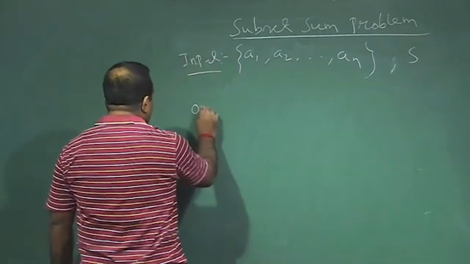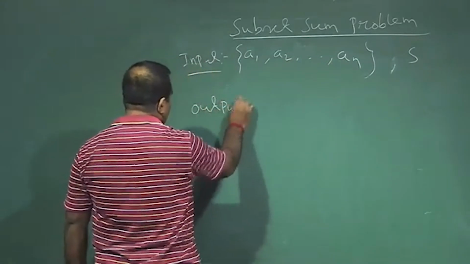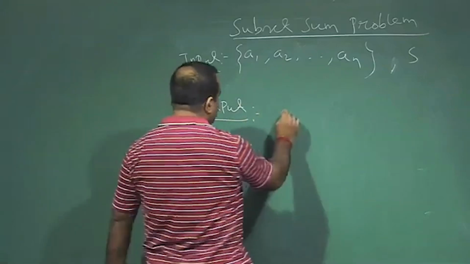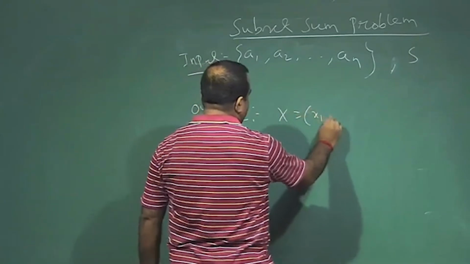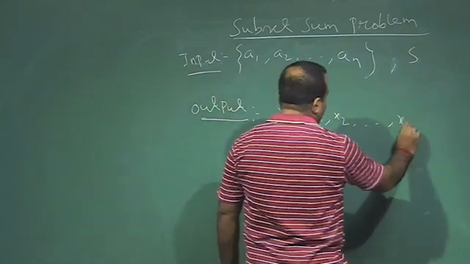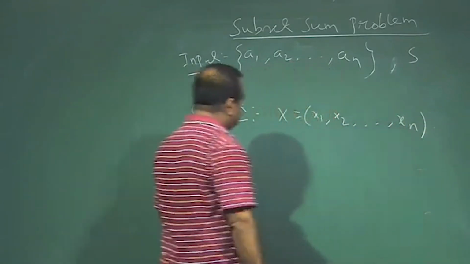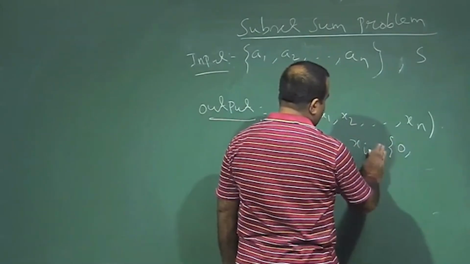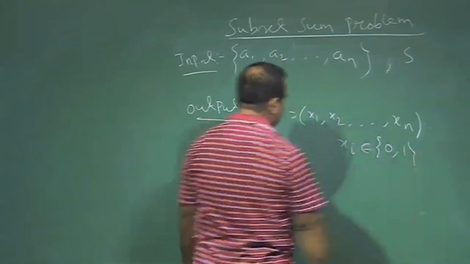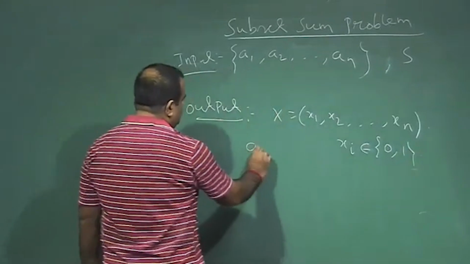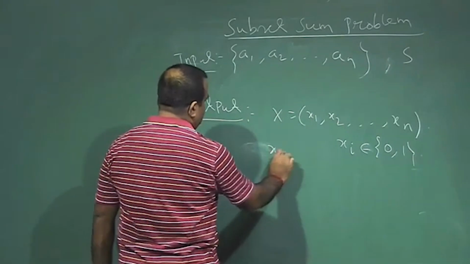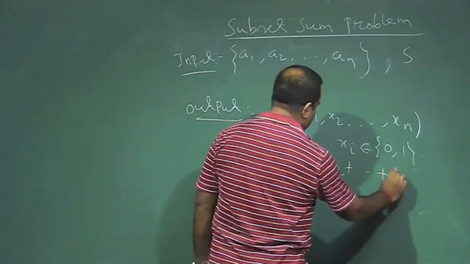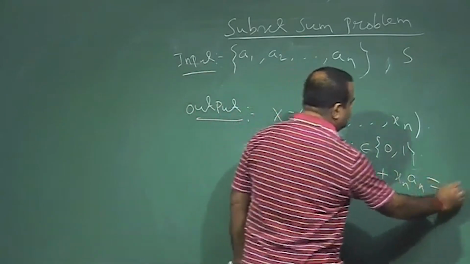The output will be a 0-1 vector x1, x2, up to xn, such that all xi's are 0 or 1, and the summation x1 a1 plus x2 a2 up to xn an is S.